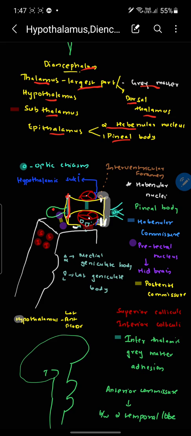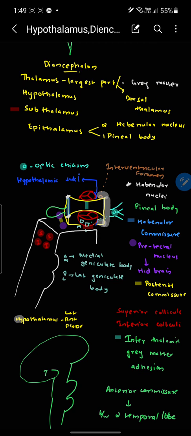This is the midbrain, and on the posterior part of the midbrain you can see bulgings, which are the superior colliculi and inferior colliculi. In front of the third ventricle you can see the optic chiasm. This is how it is related, and this is the thalamus on either side.